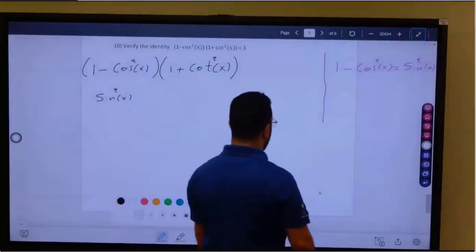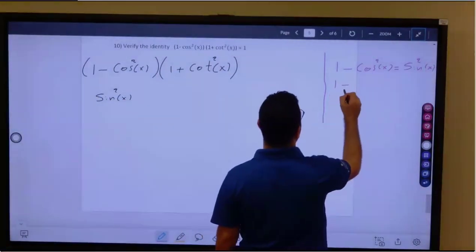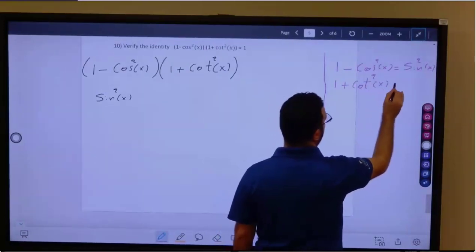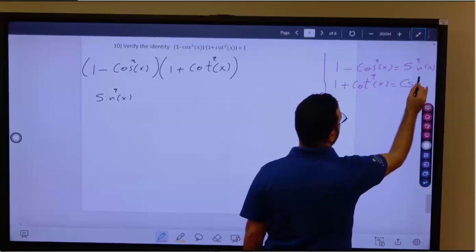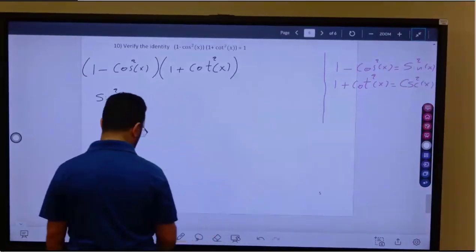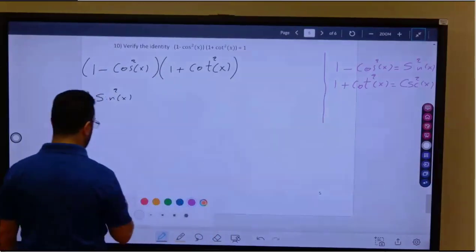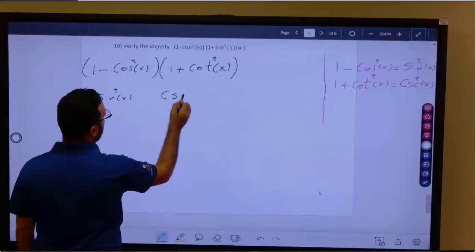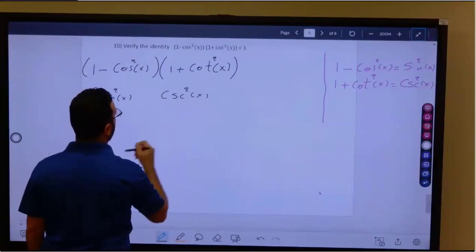Again, there is an identity that says 1 plus cotangent squared x is equal to cosecant squared x. That means this side is cosecant squared x. So this is going to be times cosecant squared x.